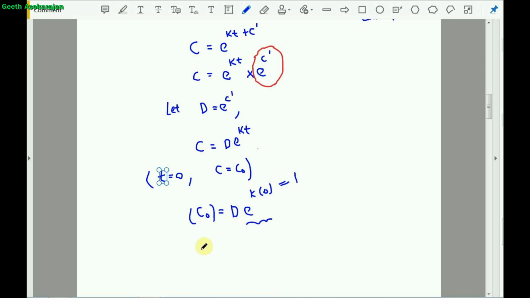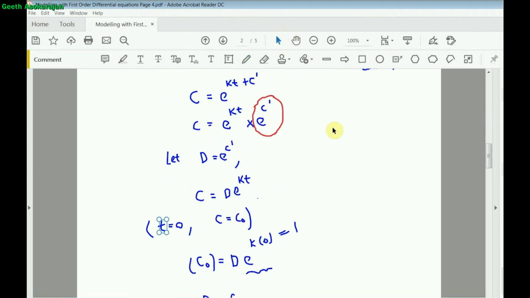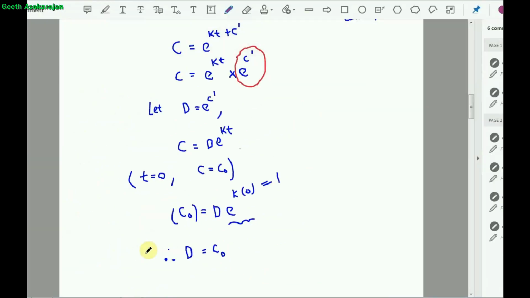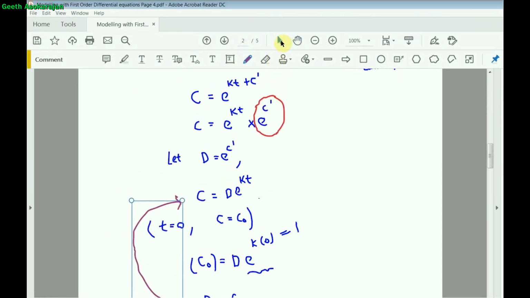So D times 1 being D, D should be C0. That is the solution for capital D. But let's not stop there. Let's replace that value into the previous equation. Let's do this final replacement.